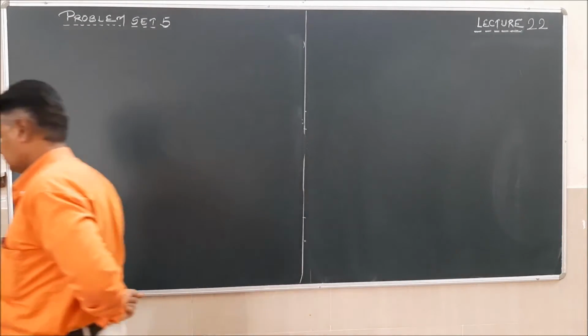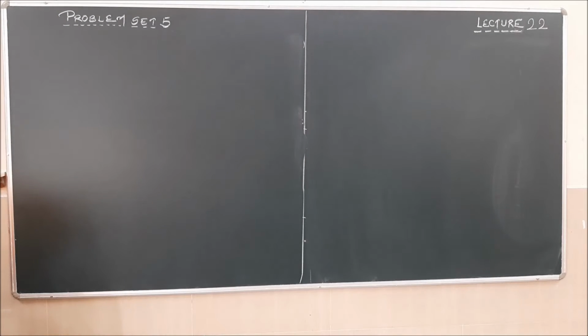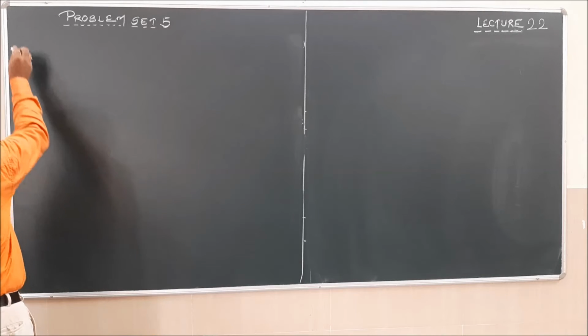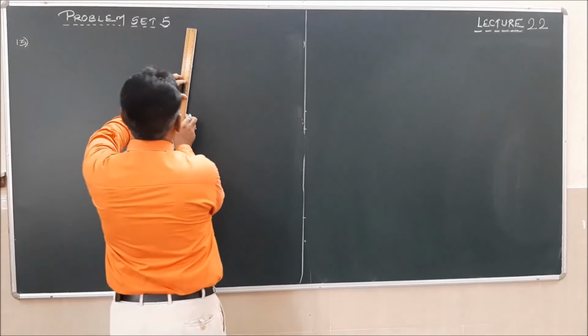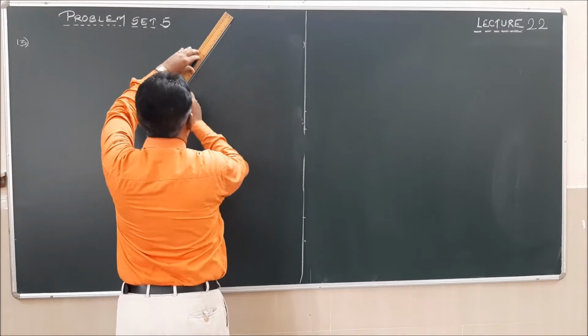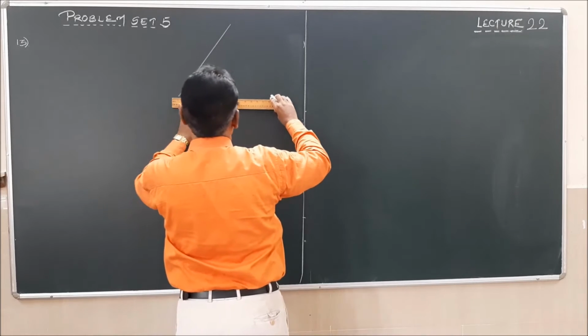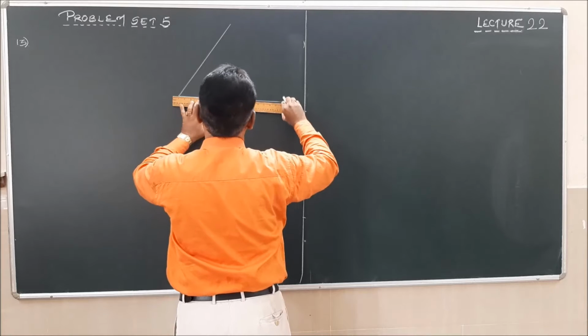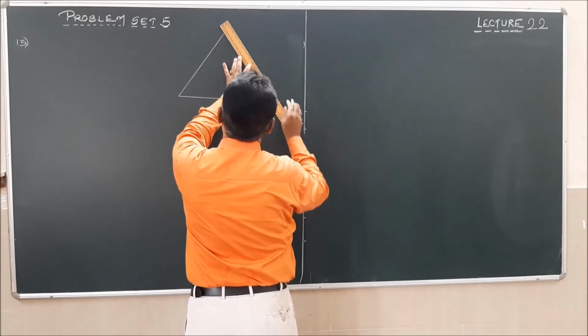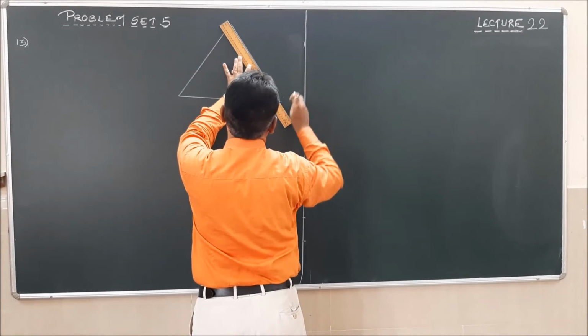Now, please see here. The name of the triangle they have given is ABC. So I am going to draw triangle ABC first. In examination, there is no need to draw. Here simply for the sake of making you understand this.